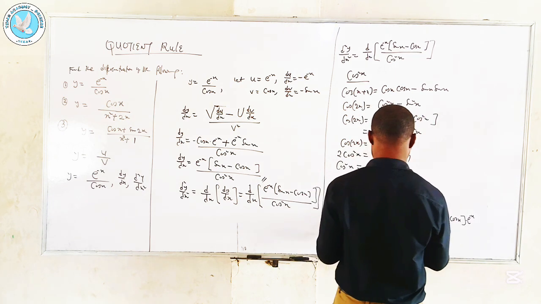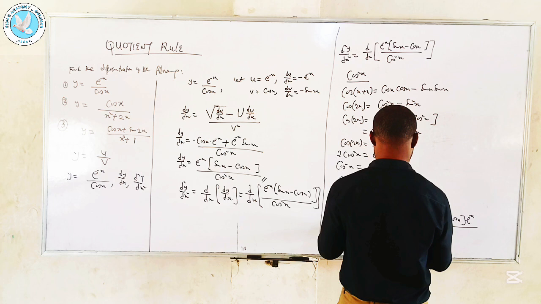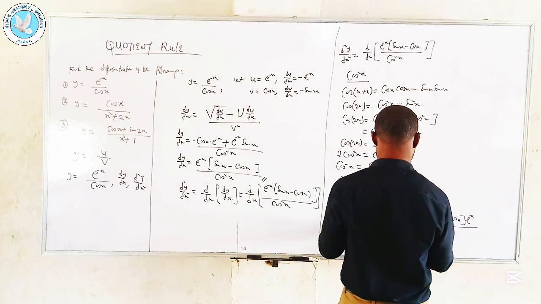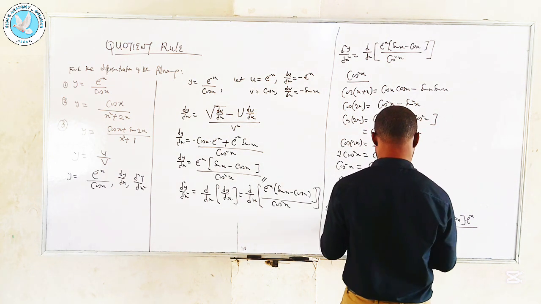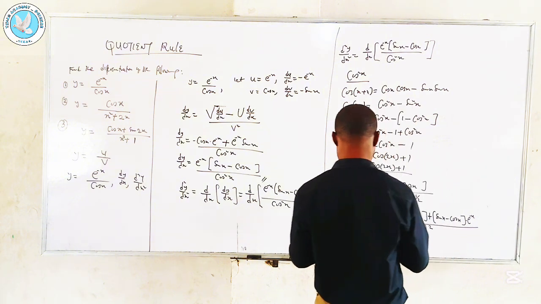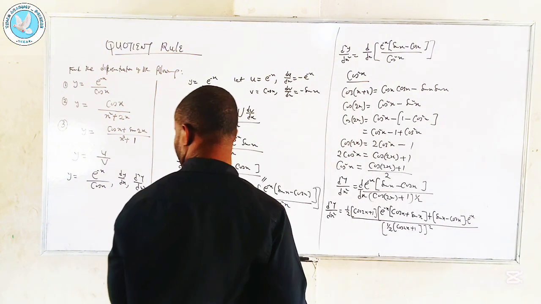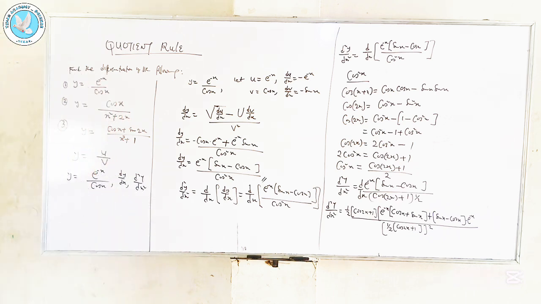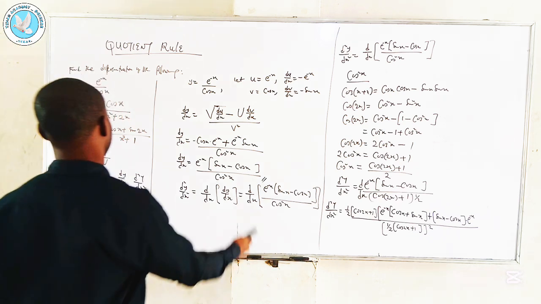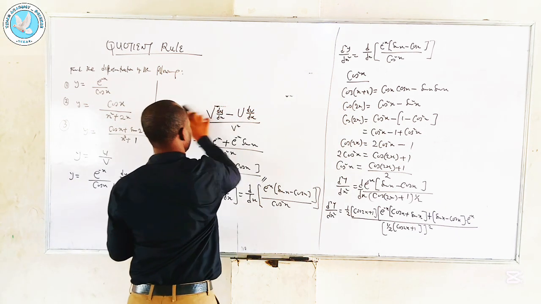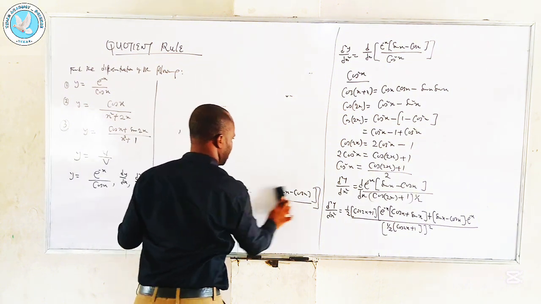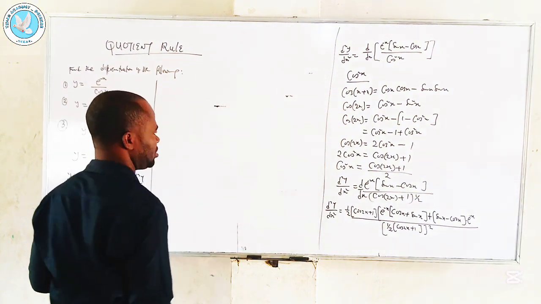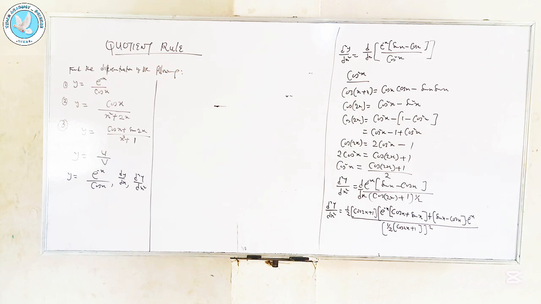All of this is divided by cos 2x plus 1, all of it divided by 2, all of them raised to the power of 2. So we can actually do this. Let's work further to see what we can do to actually reduce the complexity of the solution.